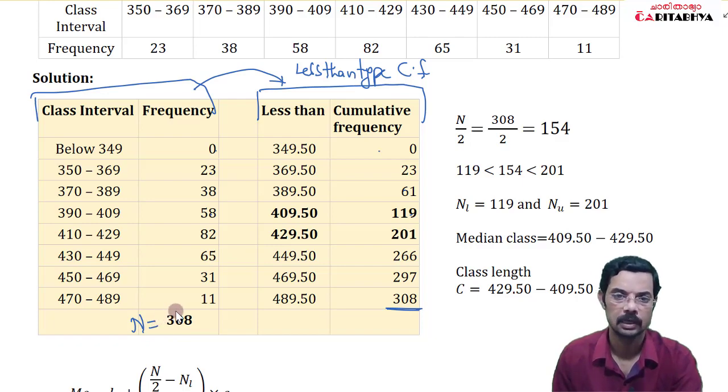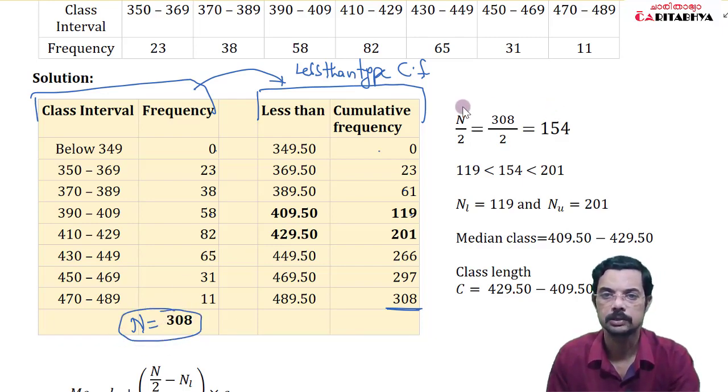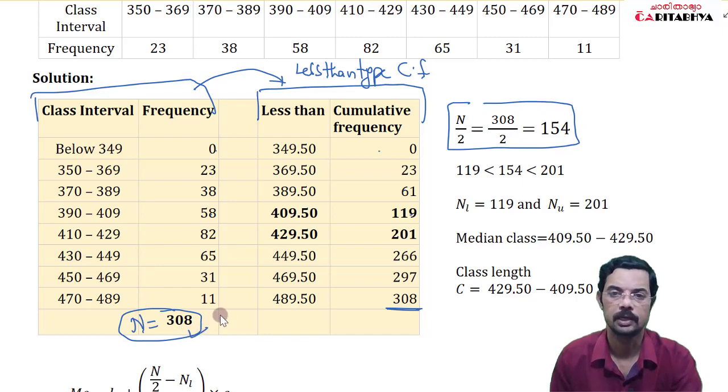Once we have n, we find n by 2. n by 2 is 308 divided by 2, which is 154. Now we try to locate 154 in the cumulative frequency. It lies between 119 and 201.